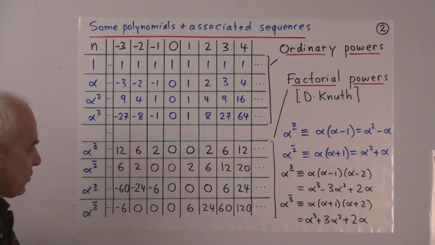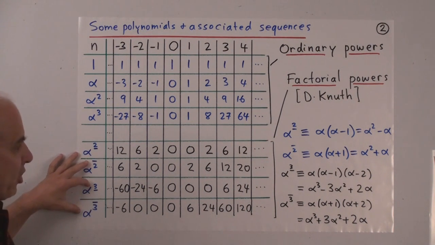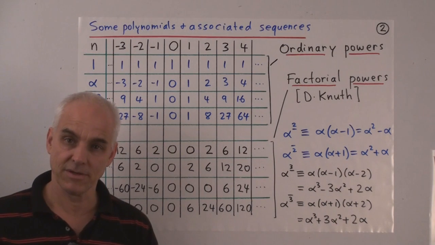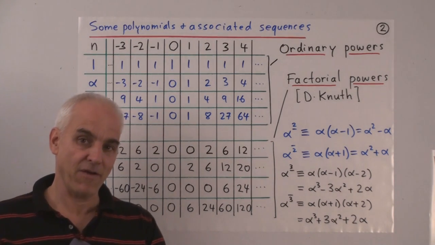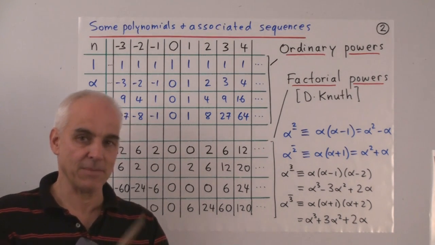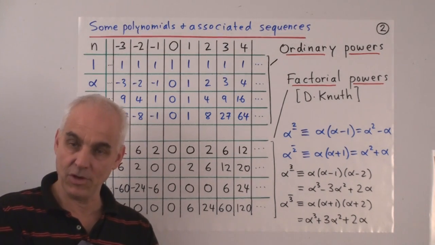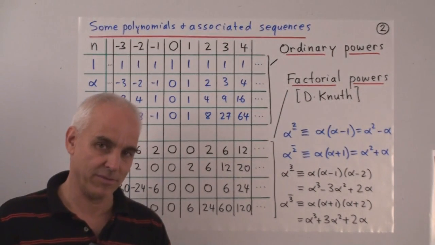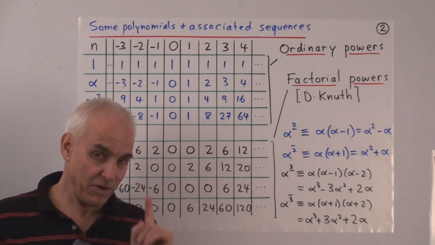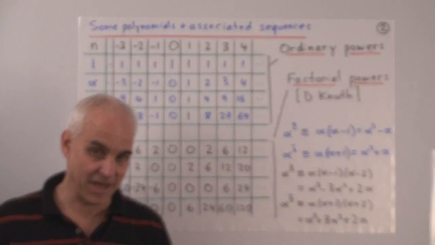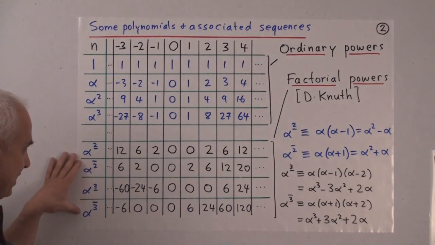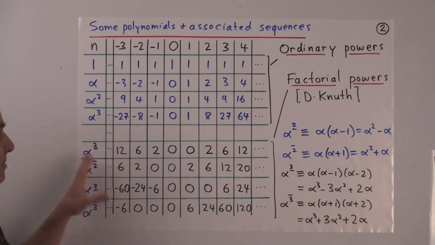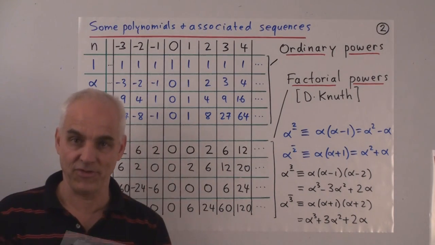So these are alternate polynomials. They're a little bit more complicated than the ordinary powers. Instead of multiplying lots of alphas together, we're multiplying alpha times alpha plus 1 times alpha plus 2, or alpha times alpha minus 1 times alpha minus 2, and so on. But there's a very good reason for studying these polynomials. These polynomials are very important when it comes to understanding sequences.